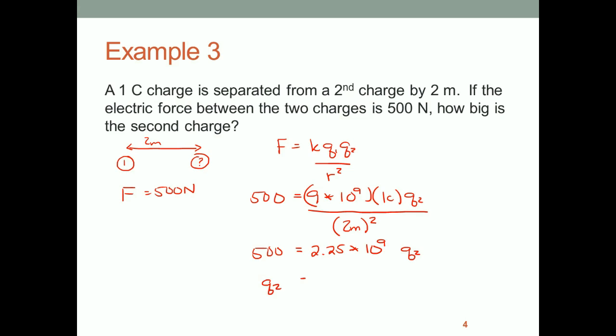So q2 is going to equal 500 divided by that big number, which is 2.22 times 10 to the -7th coulombs. So it doesn't take a very big charge to get a fairly substantial force.